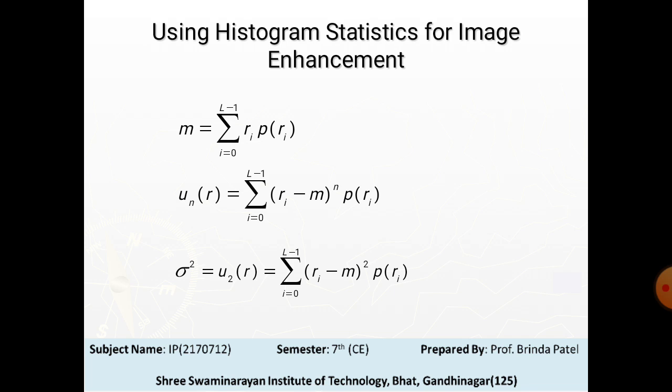So the nth moment of r about its mean is defined as μ_n(r) = Σ_{i=0}^{L-1} (r_i − m)^n p(r_i), where m = Σ_{i=0}^{L-1} r_i p(r_i). Now σ² = μ_2(r) = Σ_{i=0}^{L-1} (r_i − m)² p(r_i), which is the average intensity and its variance.